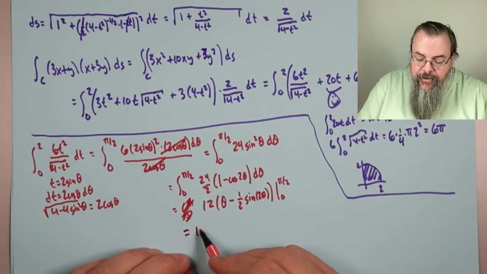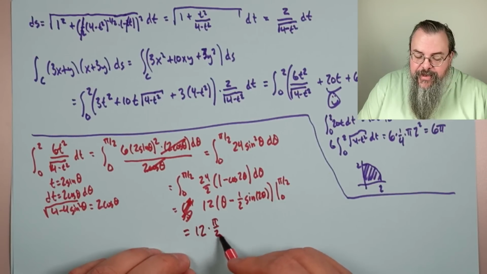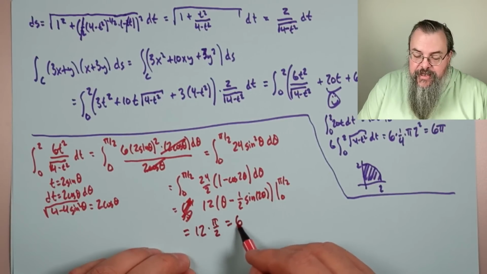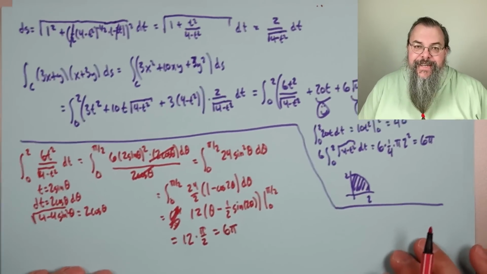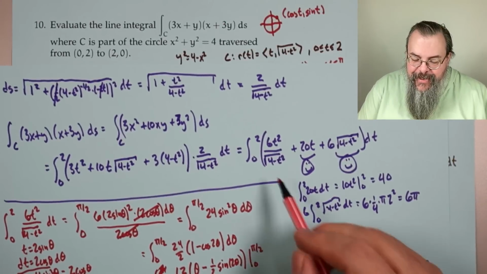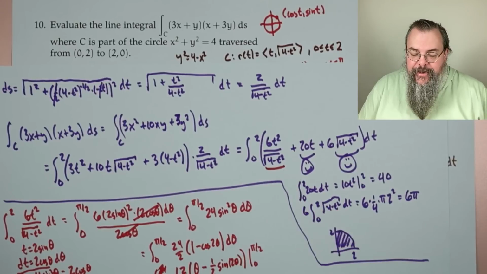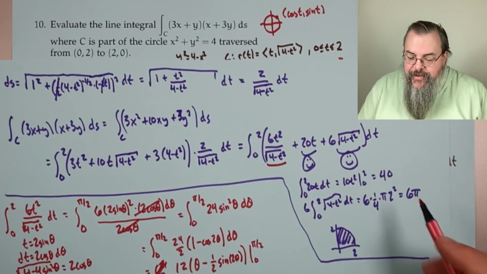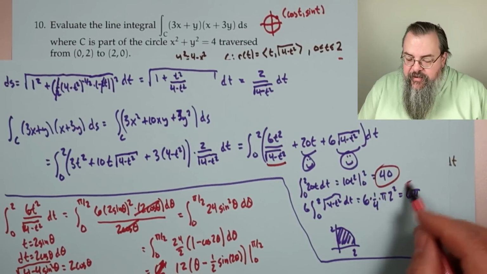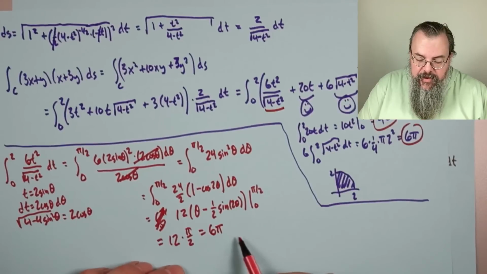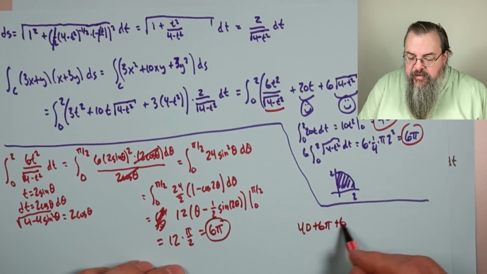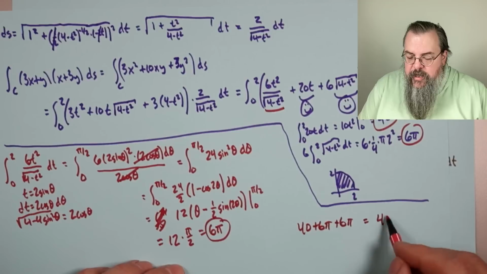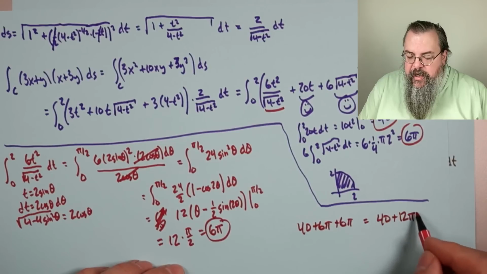Well, you get 12 times pi over 2, which is 6 pi. So, coming back here, we've now worked that integral out. So our final answer is 40 plus 6 pi plus 6 pi, which is 40 plus 12 pi.